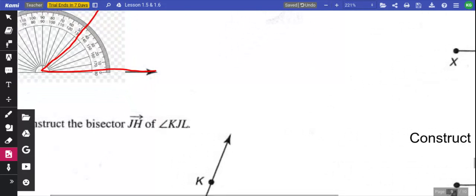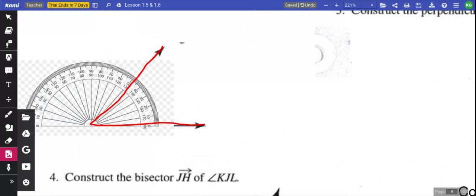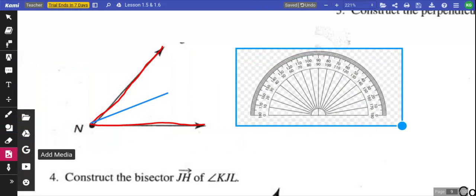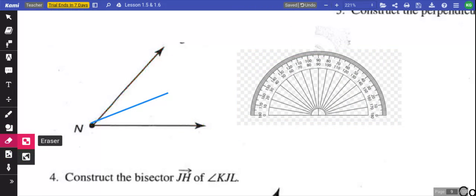Okay. So it looks to me that it's about a 50-degree angle. So in order to construct the angle bisector, I'm going to need to make an angle mark at 25. And then when I move everything and erase these sloppy lines, should look pretty nice. So I was off a little bit, but you get the drill.